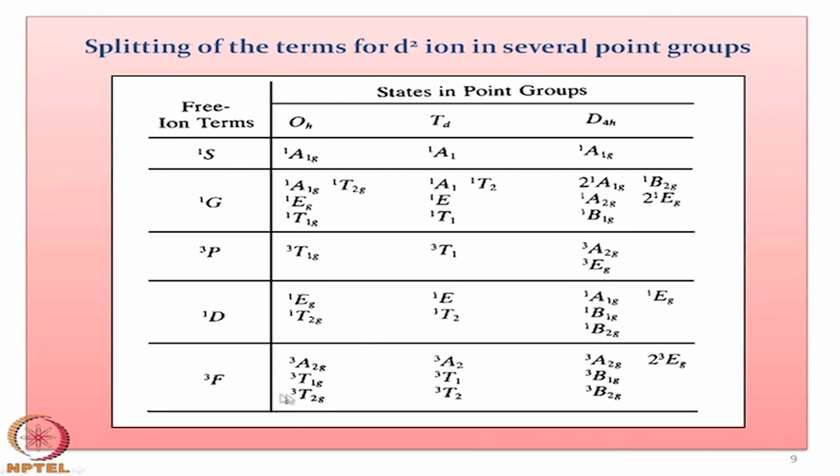It can have the 3T2g as the ground state, and that 3T2g ground state will give rise to the corresponding transition from 3T2g to 3T1g or 3T2g to 3A2g.